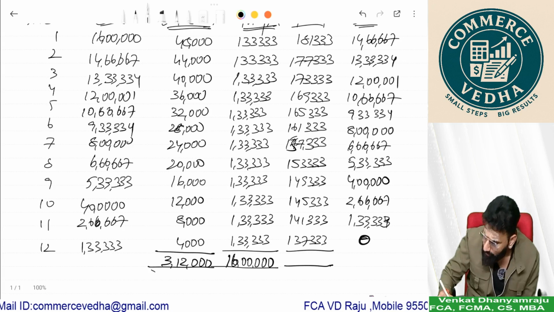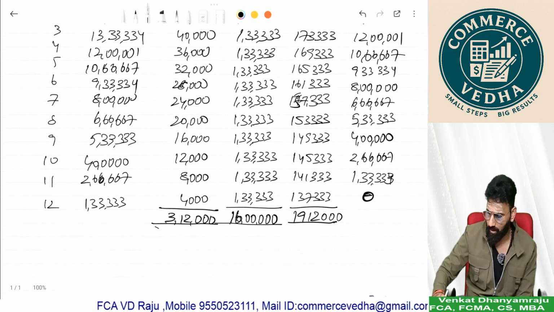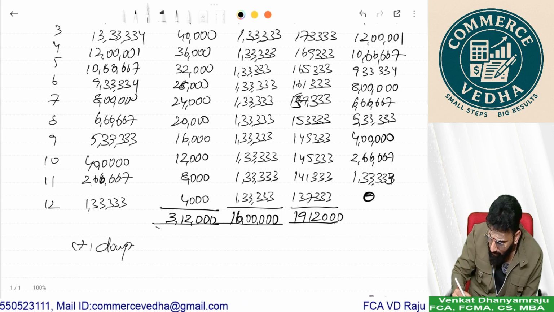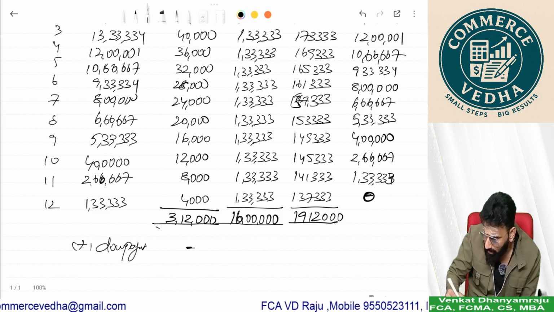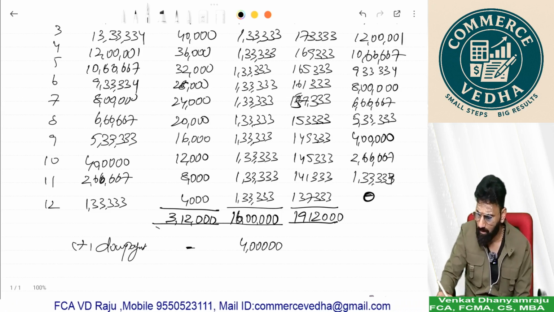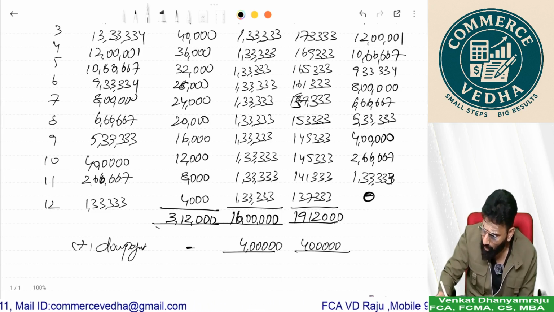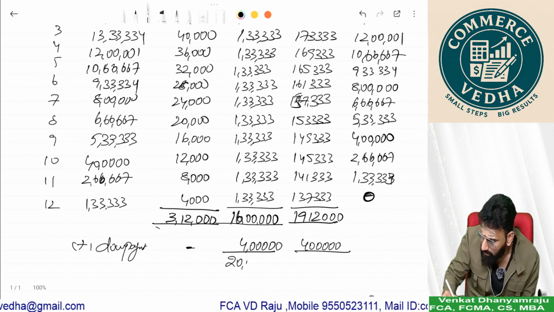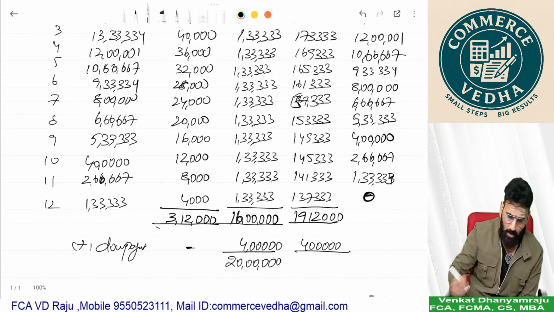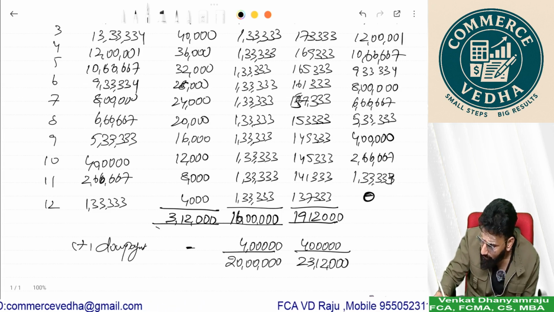If you see the total hire purchase price towards the total how much you paid, 312 plus 16 is 19,12,000. Now you should add down payment to cost price, because on down payment no interest, because you paid on the same date. So your total cash price is 20 lakhs and your hire purchase price is 23 lakhs 12,000.